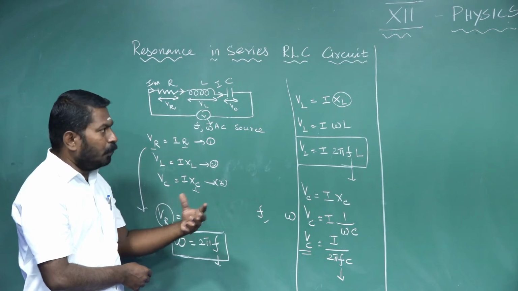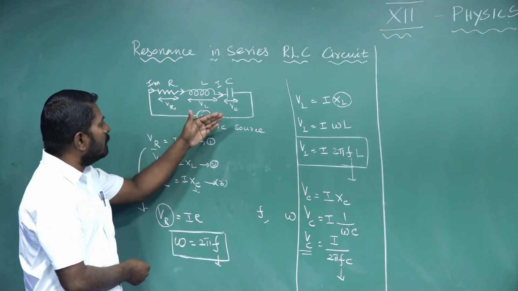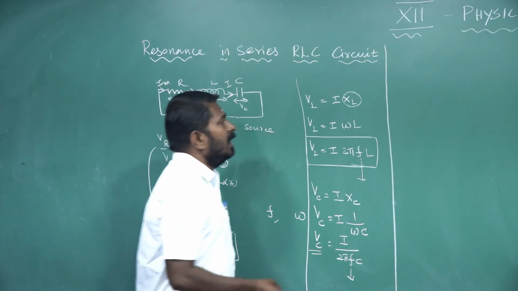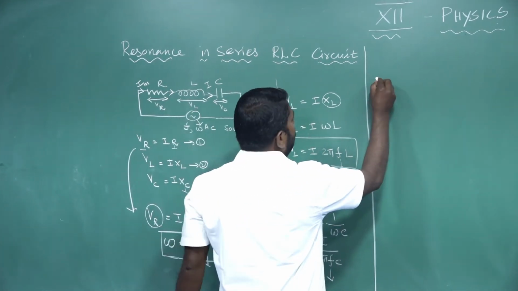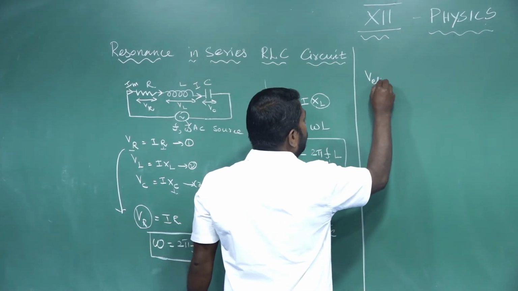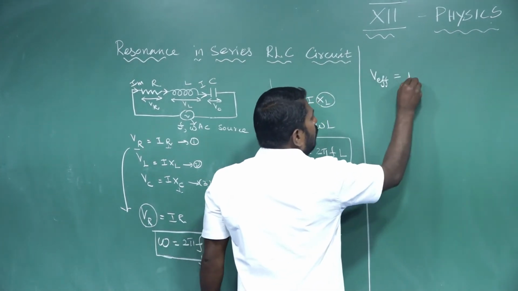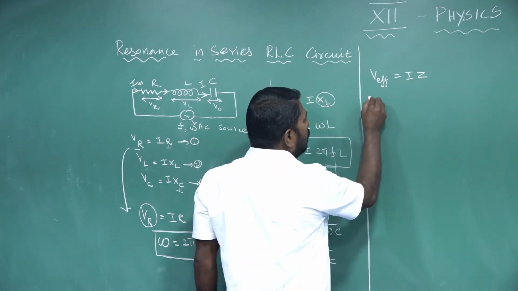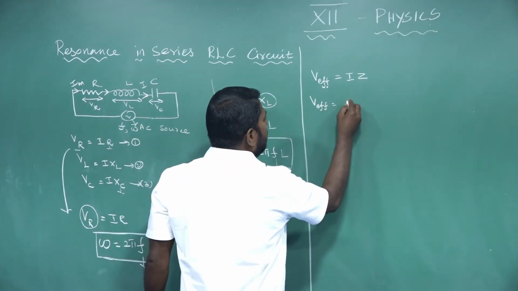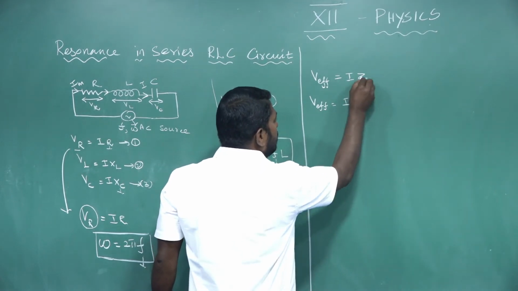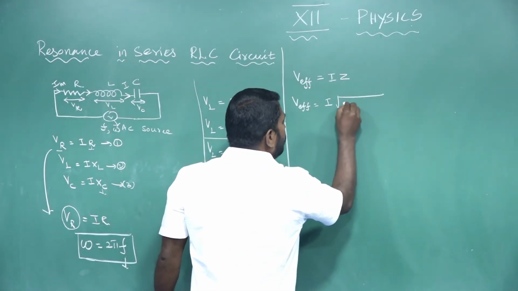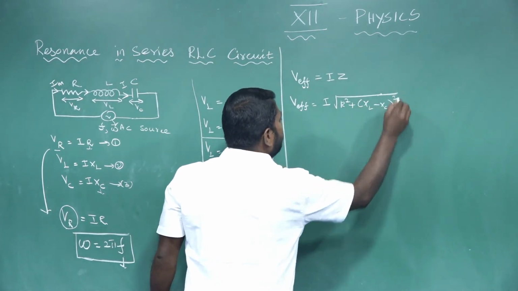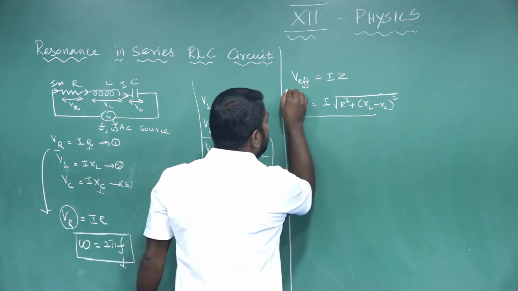Then we see a few equations related to the series RLC circuit. These three components are connected to an AC source. How to calculate the effective voltage across this series combination? The effective voltage is equal to I into Z, where Z is the impedance of the series RLC circuit, and I is the current through the series combination.